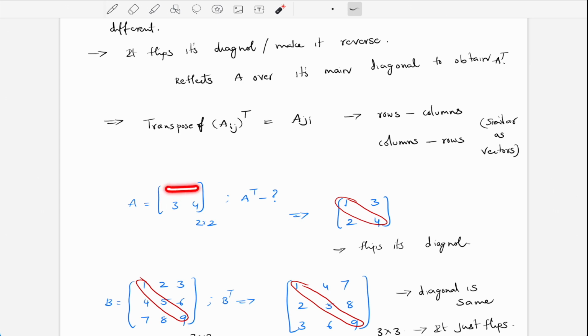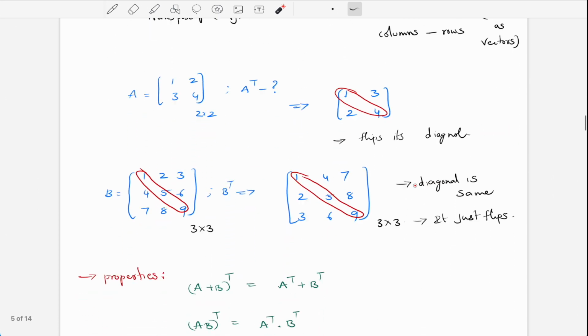So we calculate the row and the column, and where these two match we simply plot that entry. Here the rows will become columns and the columns will become rows, as I said, similar to the vectors.